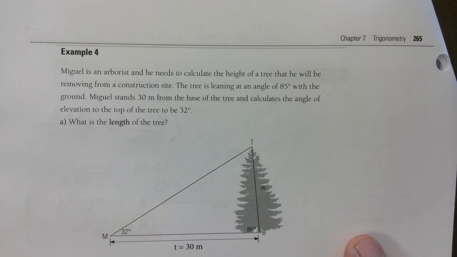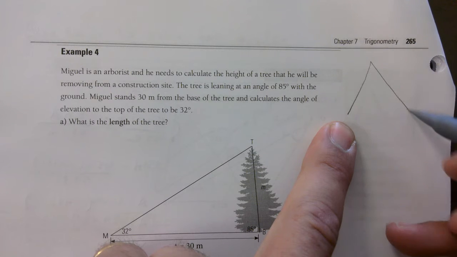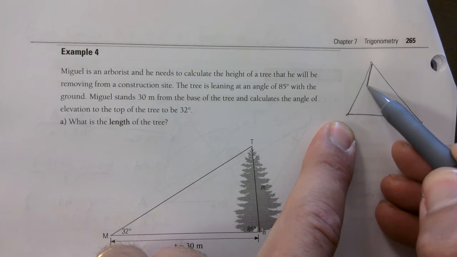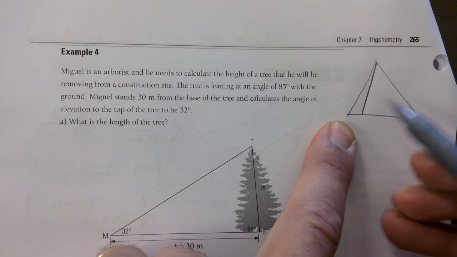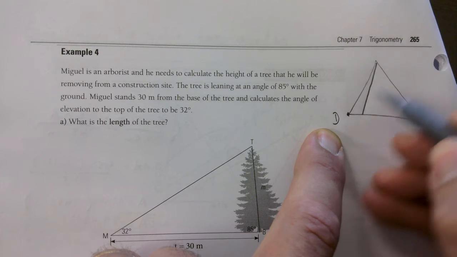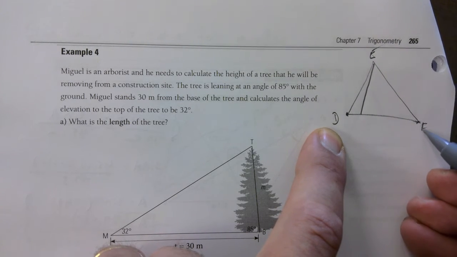For example, if you have a triangle like this, right, and you have one line going down the middle, and so let's say this is D, E, F like this. You can feel free to write this down.